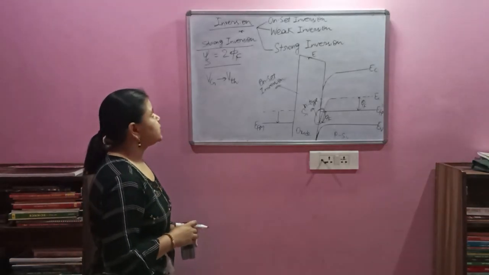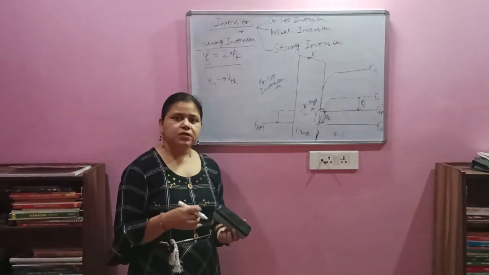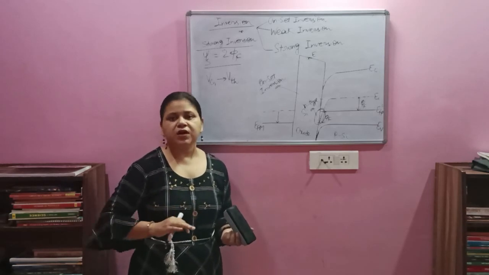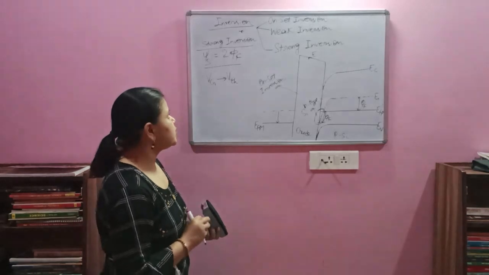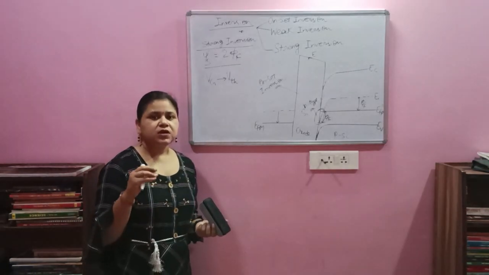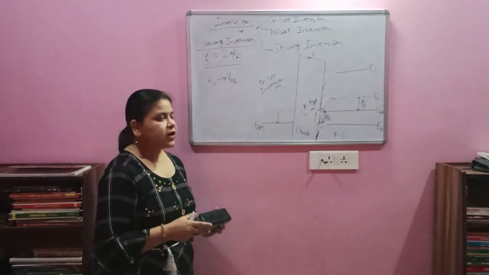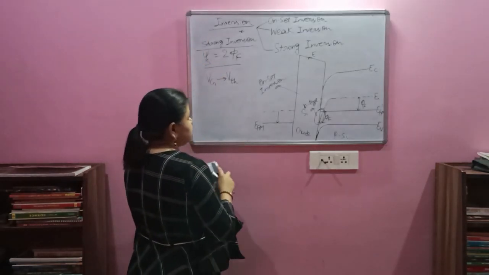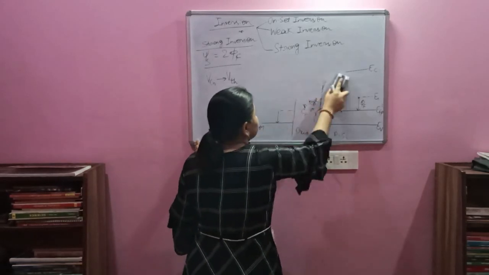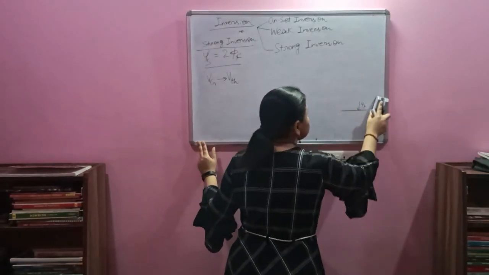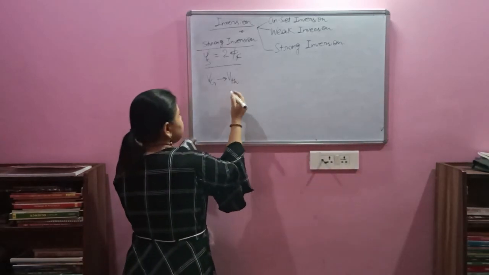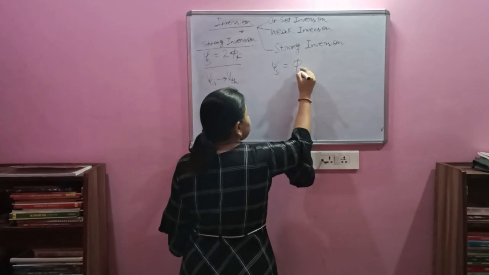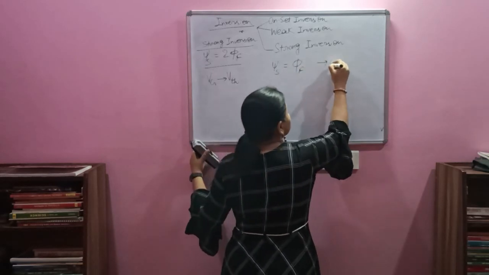So this is all about the MOS operation, which is categorized into accumulation, depletion and inversion process, where inversion is of utmost importance, because this is the process which will ensure the conduction of the device. And inversion is broken up into three parts. First is the onset of inversion, when psi s equals phi f.